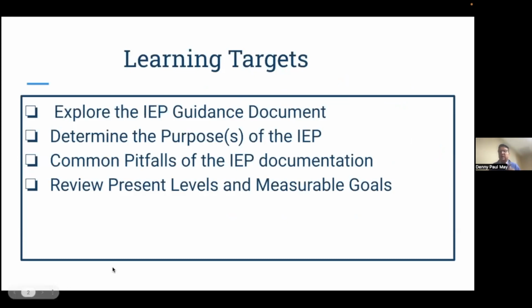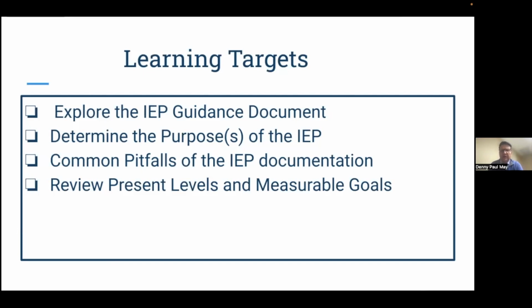So, without a whole lot of talk about where we're headed and what we're doing, we always like to talk about, what do we hope to get out of this? So we're going to take a close-up look at some of the screen saves from the IEP guidance document, the screen captures.